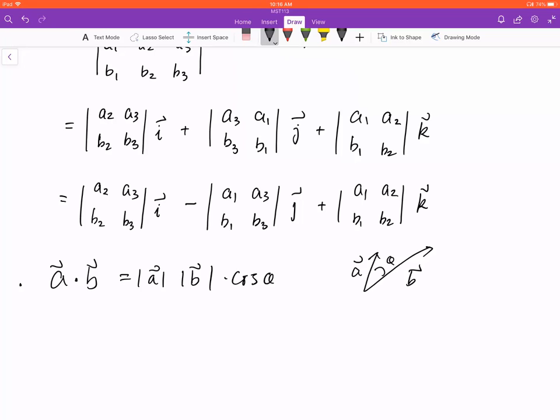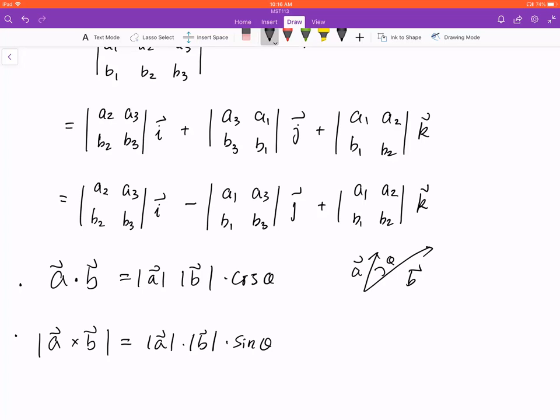And we actually also have a similar meaning for the cross product. Here is the explanation. If you look at the cross product and look at the magnitude of this vector, not just the vector itself, then it is equal to the magnitude of A times the magnitude of B times sine theta.